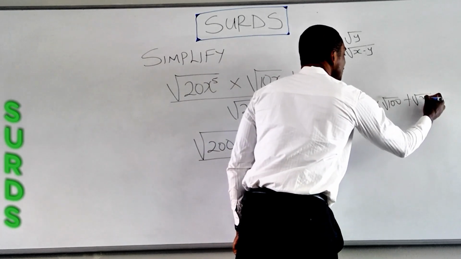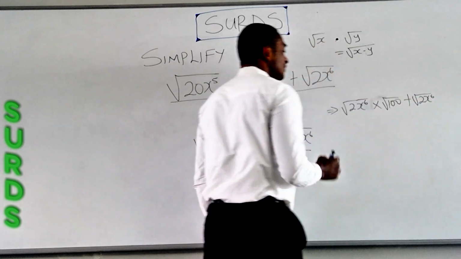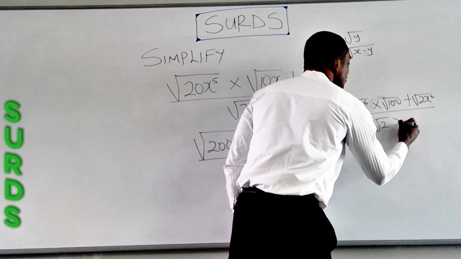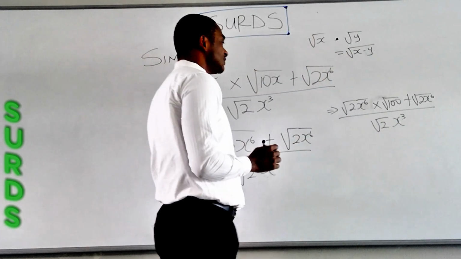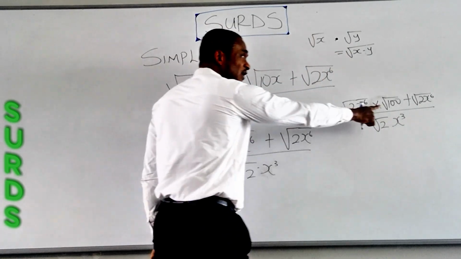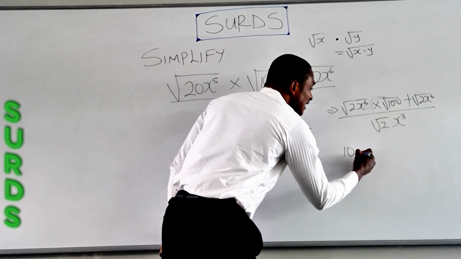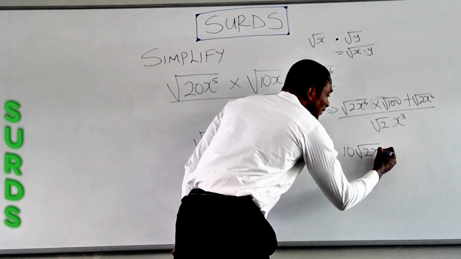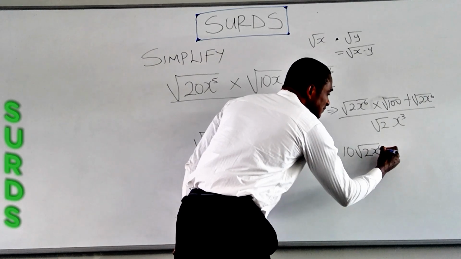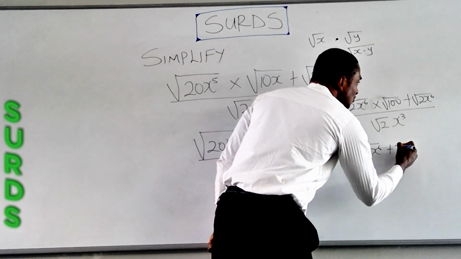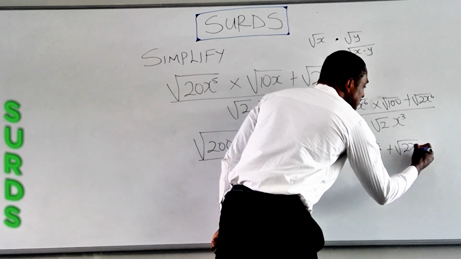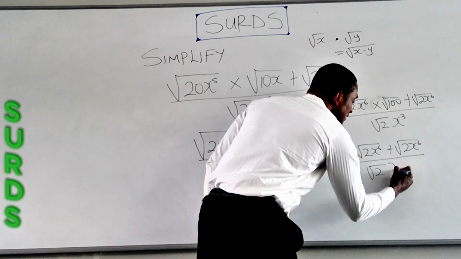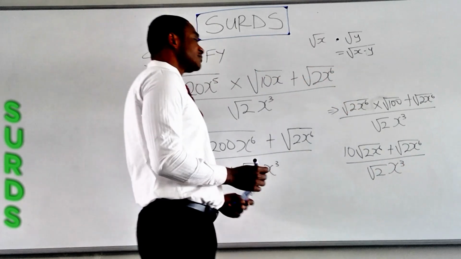Plus root of 2x to the power of 6, divided by root of 2 times x to the power of 3 outside. What next? Root of 100 is 10. So we have 10 root of 2x to the power of 6, plus root of 2x to the power of 6, divided by root of 2x to the power of 3.